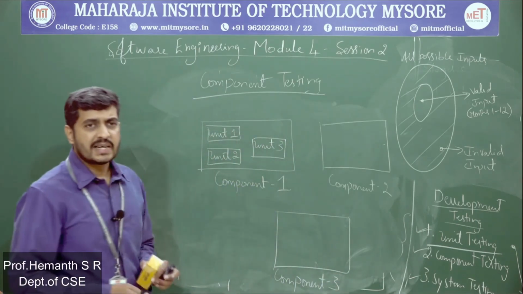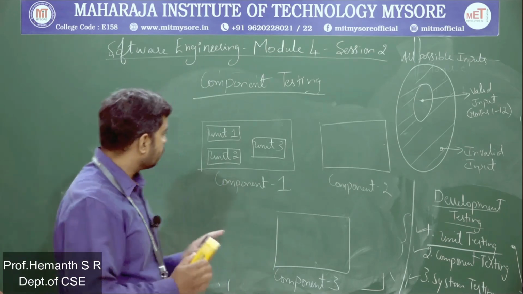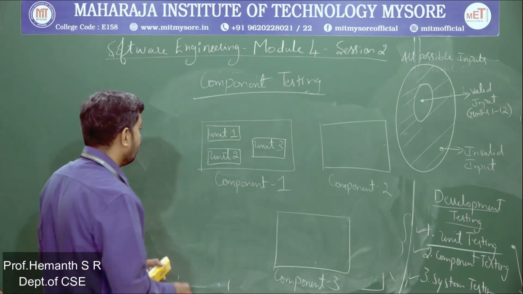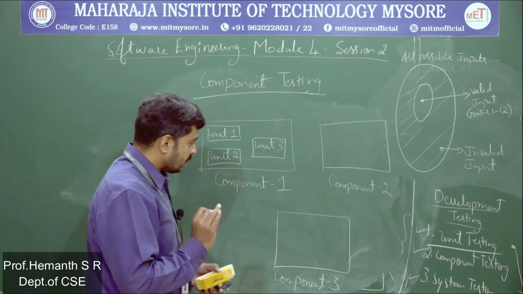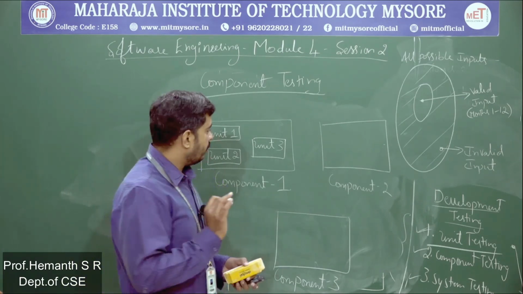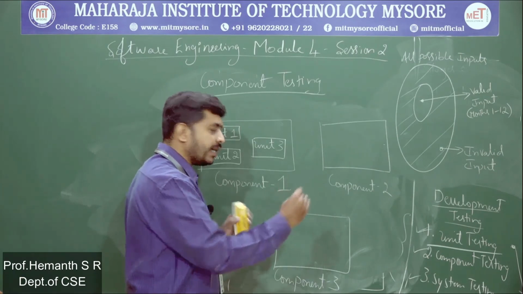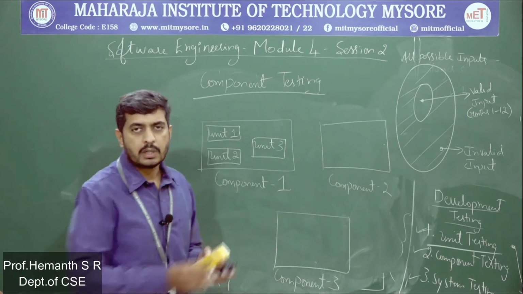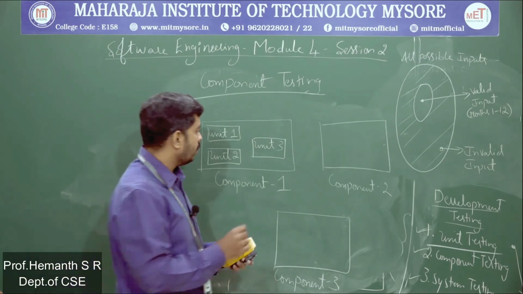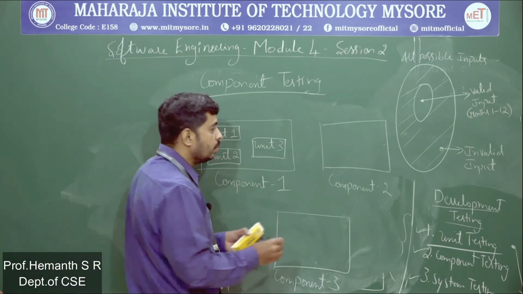Now what exactly will be done in component testing? The basic emphasis in component testing is that we will be checking whether a specific component is interacting correctly with a different component. For example, I have component 1 and component 2.